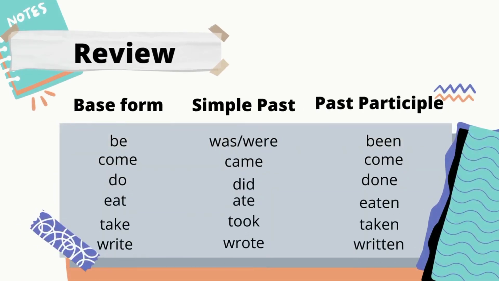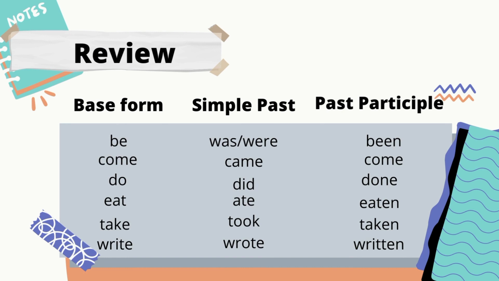Let's have a quick review of the past tense and past participle of some irregular verbs. The verb is be. The simple past is was for singular nouns and were for plural nouns. The participle is been.